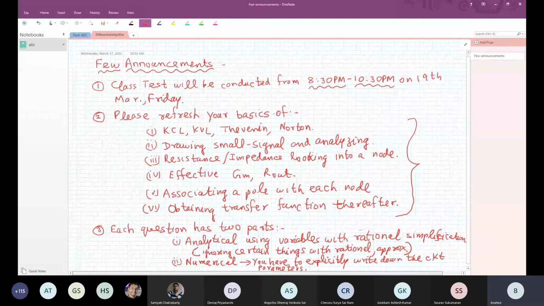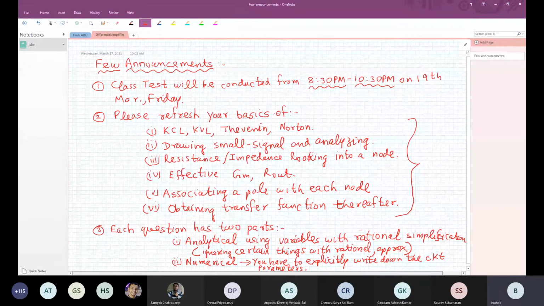Now if you do the analytical correctly and the numerical is grossly wrong, you will get less than 50%. If you have done the analytical and you have made simple silly mistakes in numericals, you will get pretty good marks. If you got the analytical wrong and the numerical is correct, you get a big 0 and you have copied.